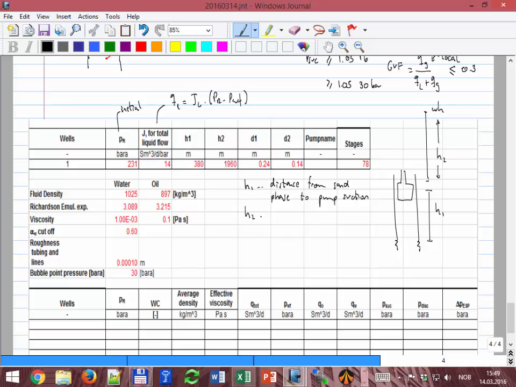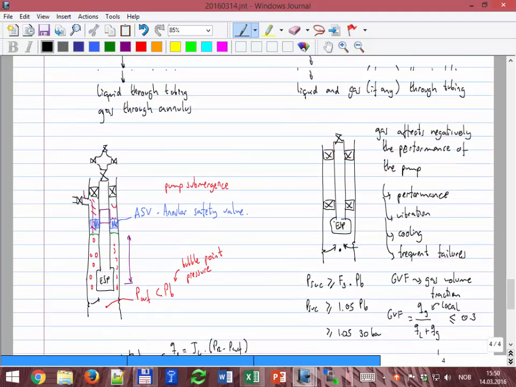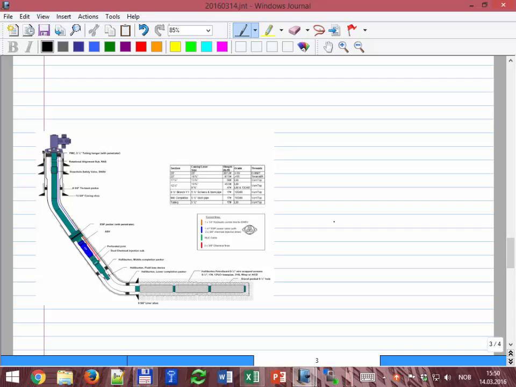And H2 is the distance from the pump discharge to the wellhead. And if you see the picture, really it's a deviated well. We're going to make a simplification, assuming that really this distance can be neglected.